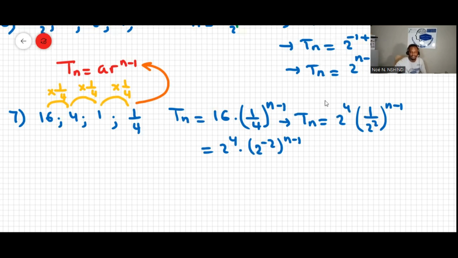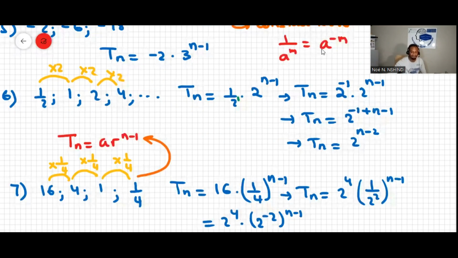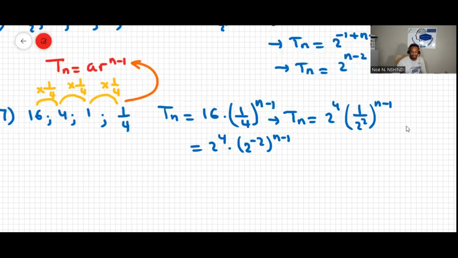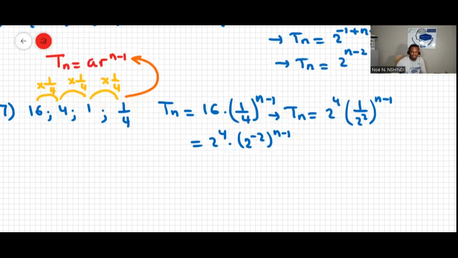We apply the formulas we used over here on 1 over 2 squared, okay? And then in this case, we times the exponents. So Tn will be equal to 2 to the 4 multiplied by 2 to the negative 2 times n minus 1. In this case, we add the exponents.